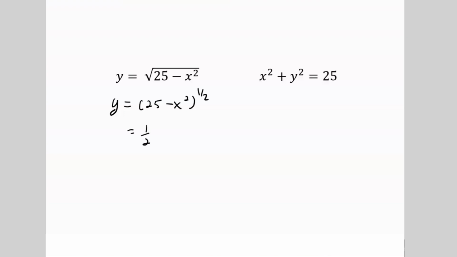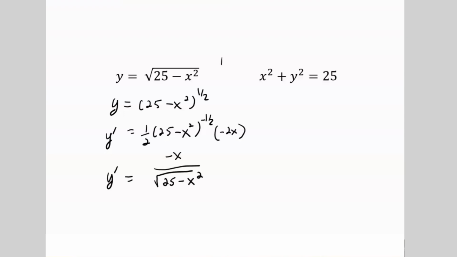So this would be 1/2 times 25 minus x squared to the negative 1/2 times the derivative of the inside, which would be negative 2x. So if I simplify this, I would get negative x over the square root of 25 minus x squared. Okay, so that would be y prime.